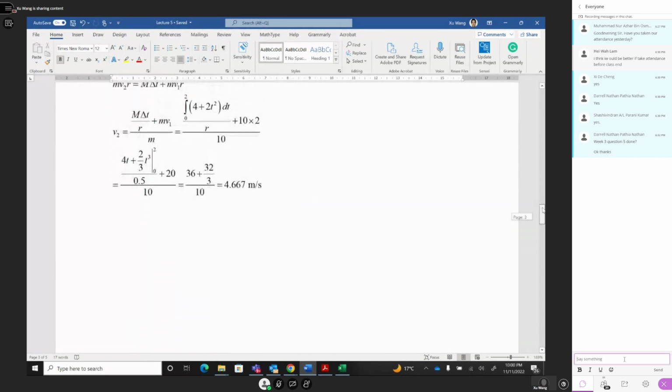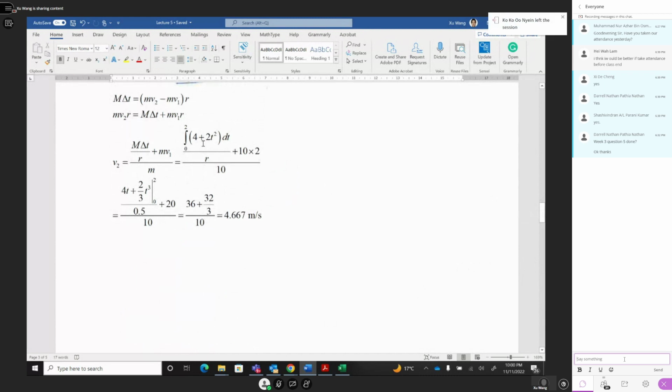So how do we solve this integration? It is easy. The first term, integrating 4, becomes 4t, and the integration of t squared equals t cubed divided by 3, multiplied by 2. Then your integration is from 0 to 2. From the first term, 2 minus 0 equals 2, and 2 multiplied by 4 equals 8.